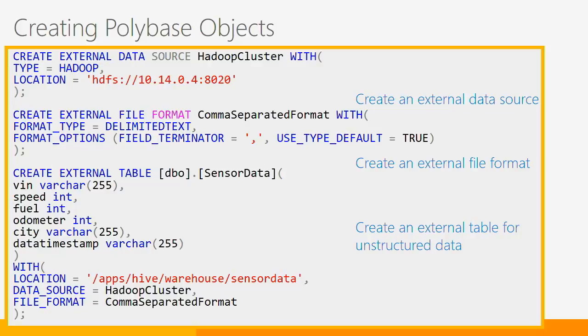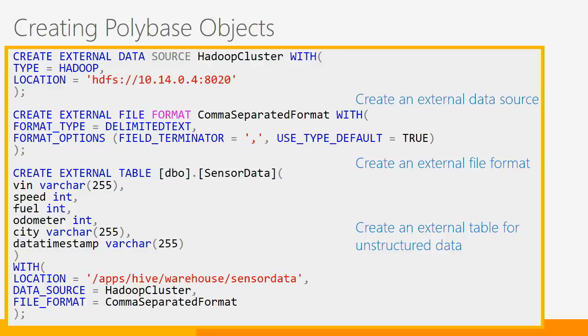And if you've got multiple different sets of files and they've got different configurations, you can create as many of those file formats as you want. They're just objects that live inside your SQL database. Then finally, once you've defined those two prerequisites, you go off and create an external table. So this is just a piece of metadata. It's not pulling any real data in, it's just describing the external table.